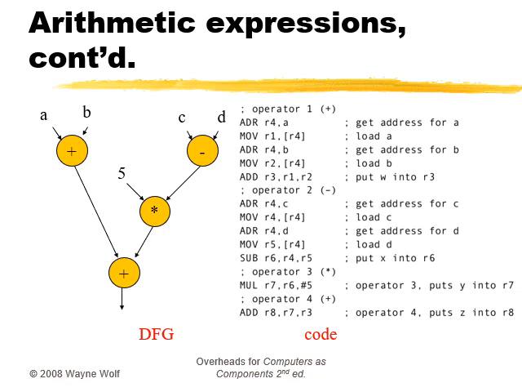So ADR R4, A means get the address for A. So we are getting the address for A. MOV R1, R4 means that we are loading A. Then ADR R4, B means get the address for B. So we are getting the address and then we are loading it, the same way as we loaded A. And then finally we are adding R1 and R2 and putting the result in R3.